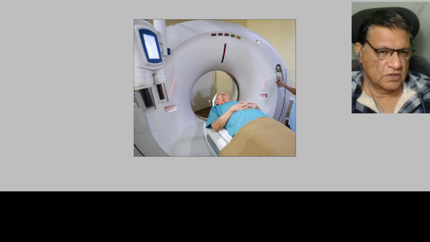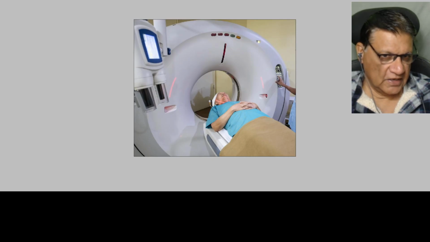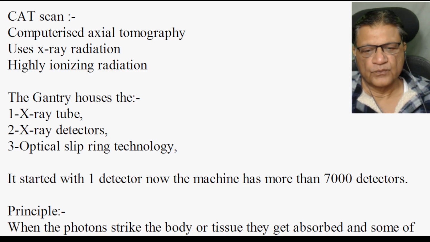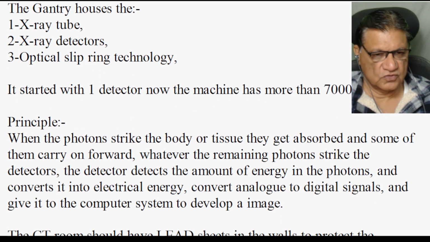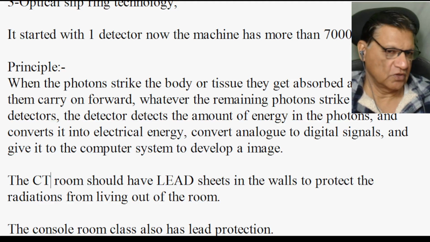So this is called the gantry, which has the X-ray tubes, and the ionizing radiations are coming from here. When CT scan started, it started with one detector, and now the machine has more than 7,000 detectors. So the quality of CT scan has improved a lot.